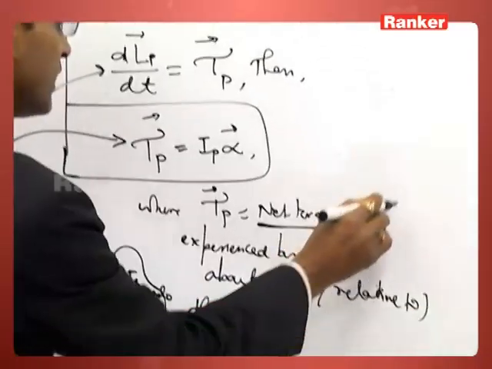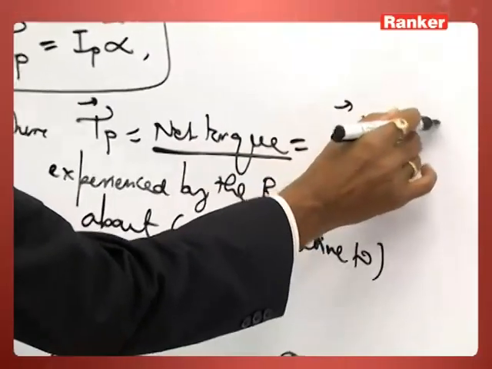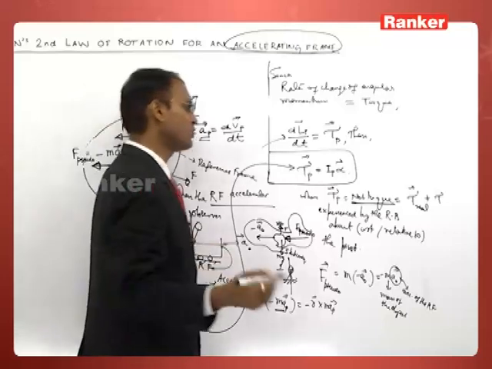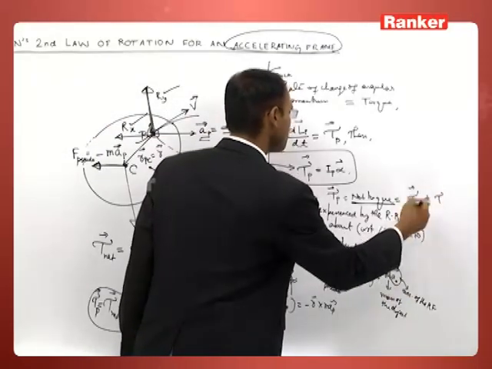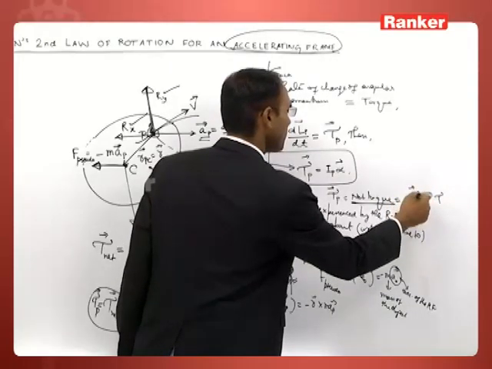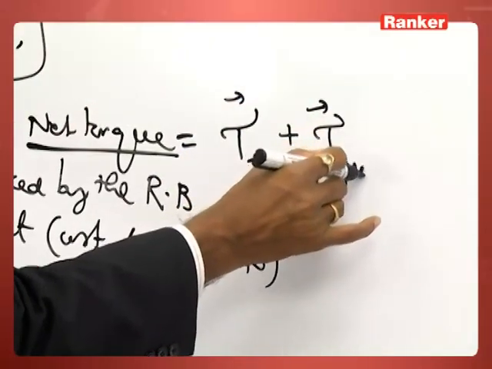The net torque is the torque due to real, external forces. Internal torque will be 0 about any point, so we don't consider the internal forces. The real torque, or the torque due to the real external forces, plus the torque due to the pseudo force.